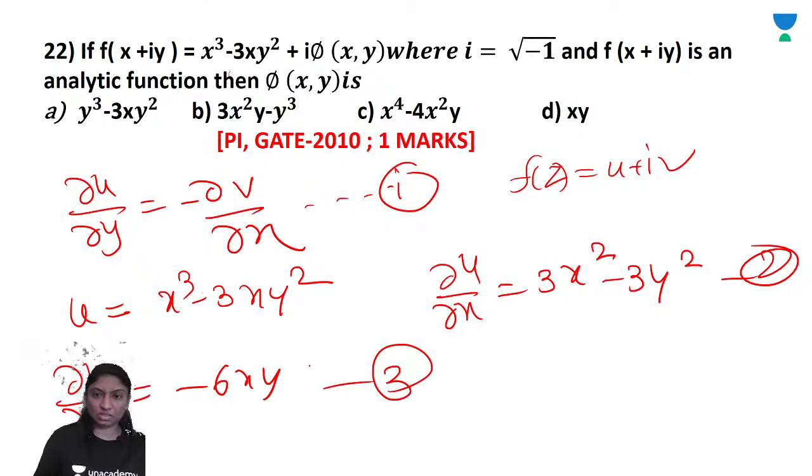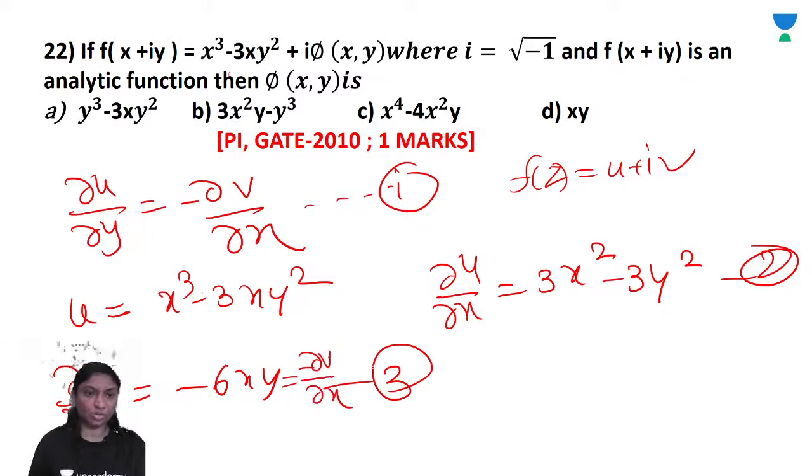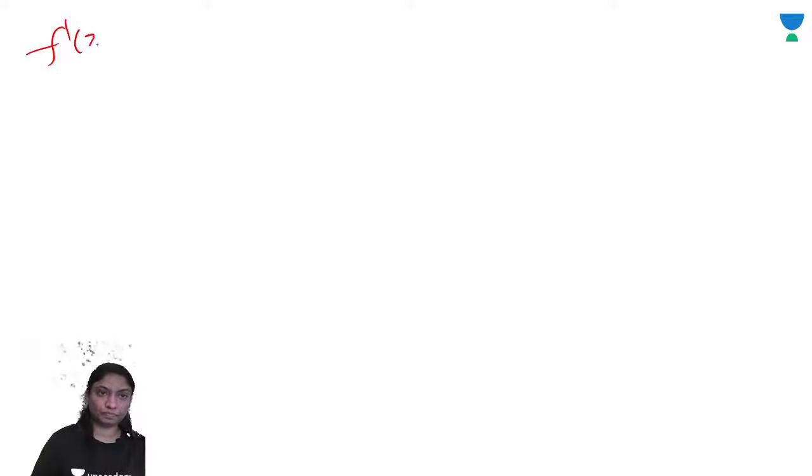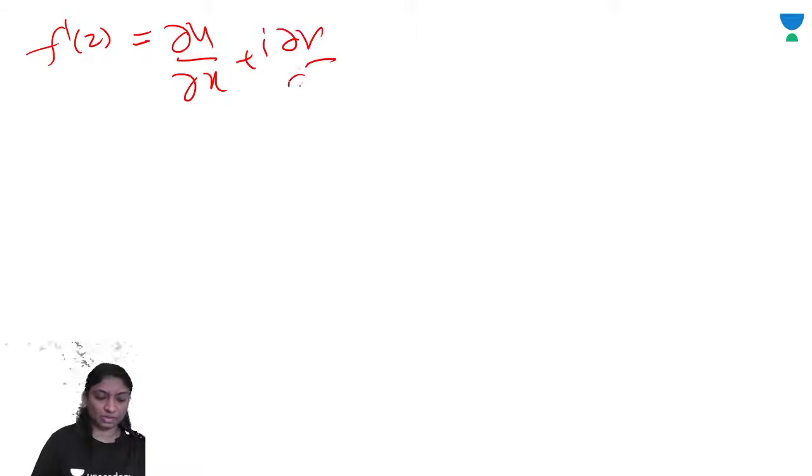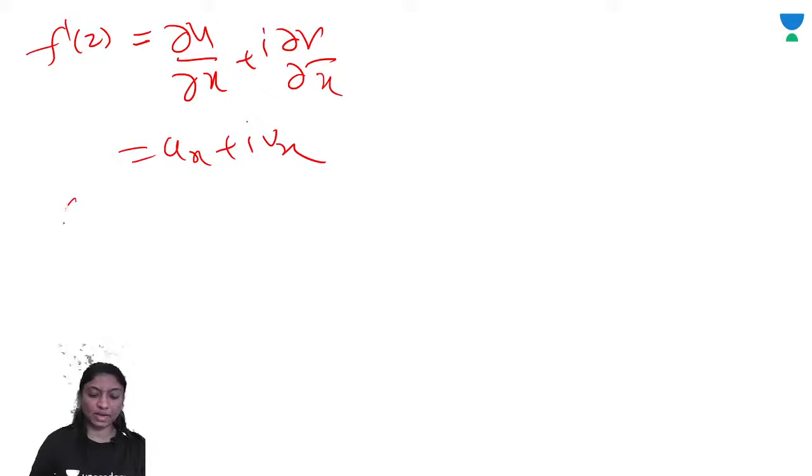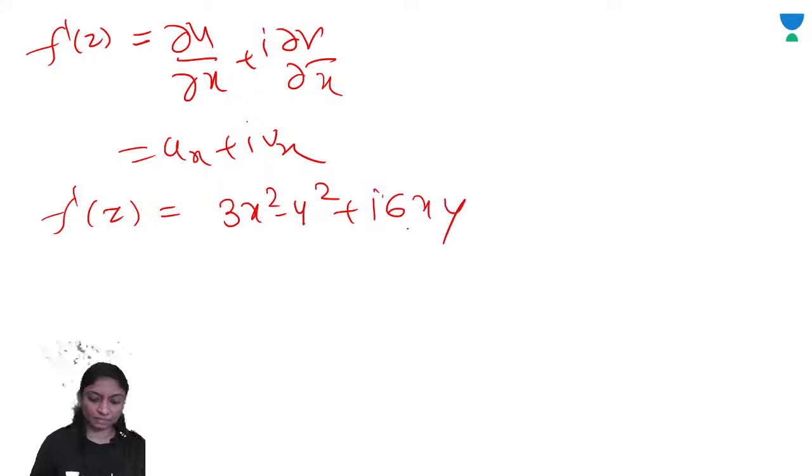So du/dy is minus 6xy, which is equal to minus dv/dx. Since f dash of z is equal to du/dx plus i dv/dx, using equations 2 and 3 we can write f dash of z is equal to 3x square minus y square plus i 6xy.